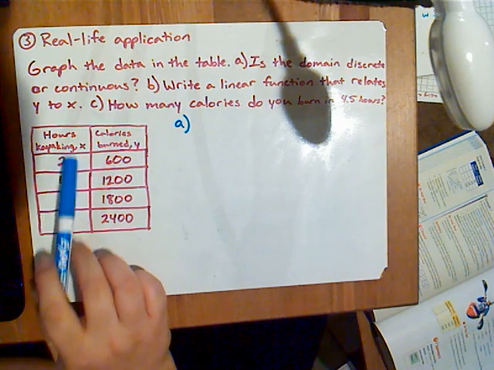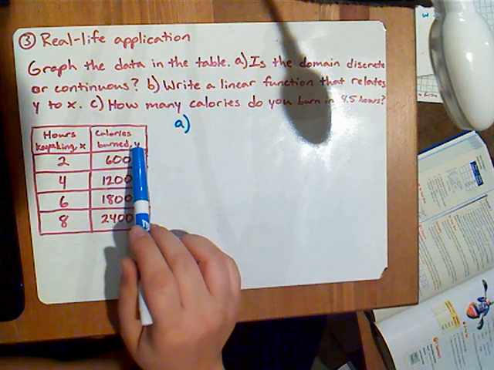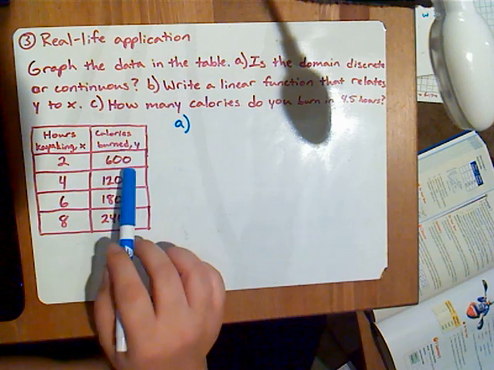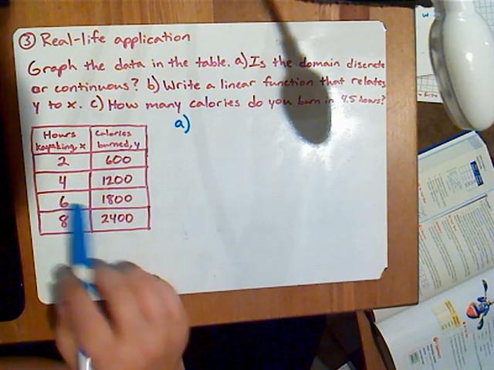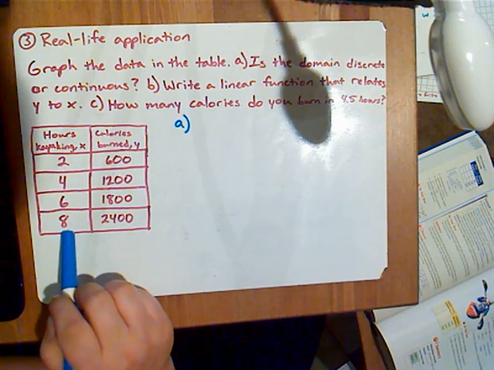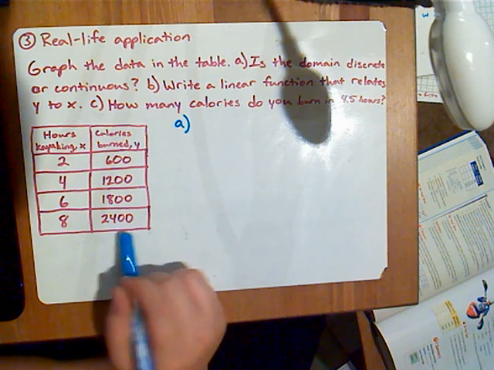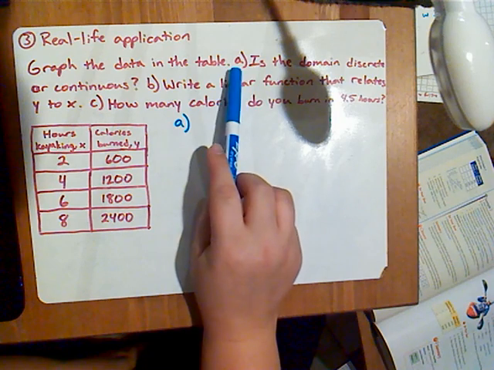So we're doing hours kayaking, which is our x, and the calories that are burned, which is our y. So we've got 2 hours and we burned 600 calories, 4 hours, 1200, 6 hours, 1800, and in 8 hours, you burn 2400 calories.